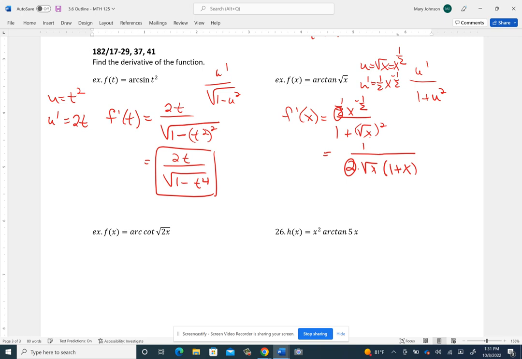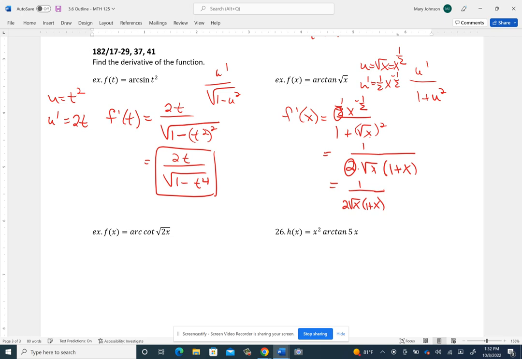Okay. All right. And so let me just rewrite that without all the circles on it. So 2 square root of x times 1 plus x would be okay to just leave in that nice factored form. You could distribute the square root of x, but it doesn't really make it look any better. Okay.